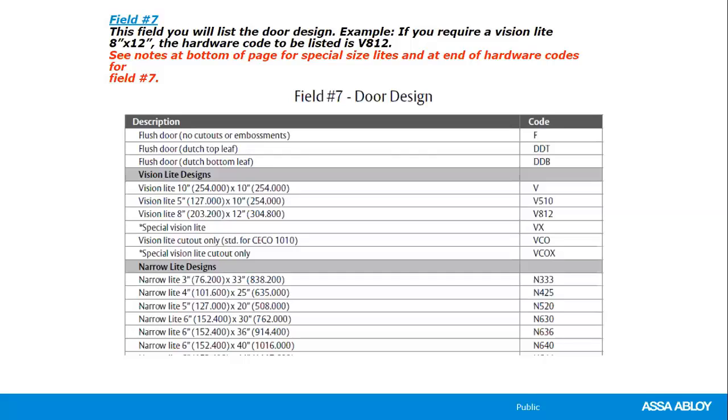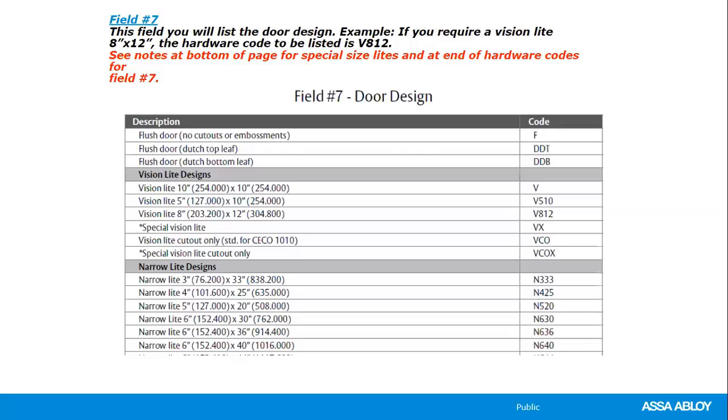Okay, it's on page 13 of the order writing manual. LF and LFX: standard full louver design, special full louver. For the standard full louver design, LF, it shows Ceco standard full louver cutout will leave 6 3/4 top rail, 8-inch bottom rail.